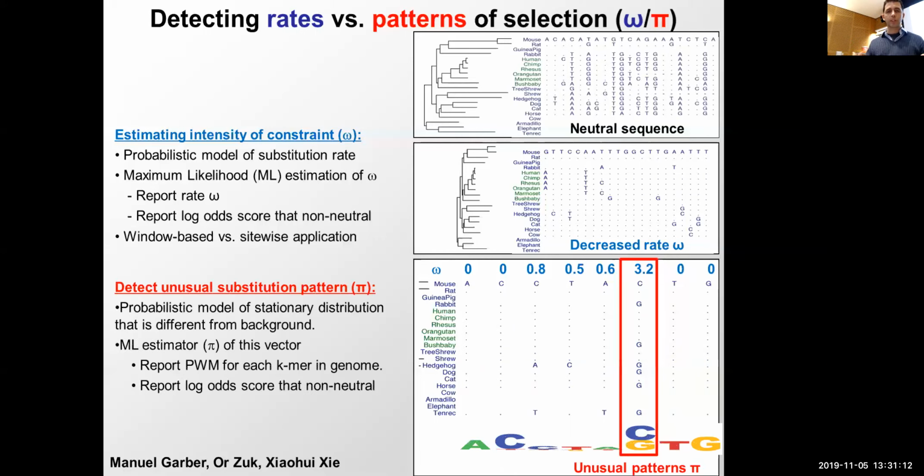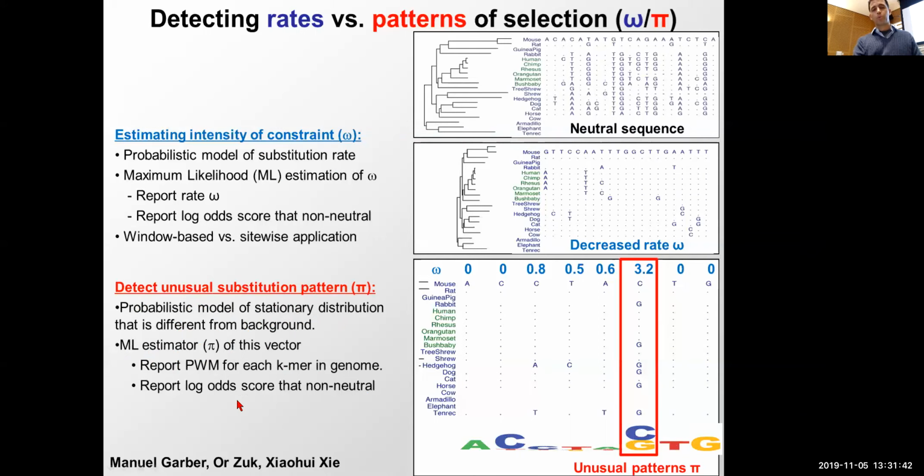So what we can actually distinguish is unusual substitution pattern, not just rate, okay? So we can build a probabilistic model of some stationary distribution that is different from the background. And you can build a maximum likelihood estimator, which is a vector of nucleotides that are preferentially conserved. And this is the representation of that vector as a position weight matrix.